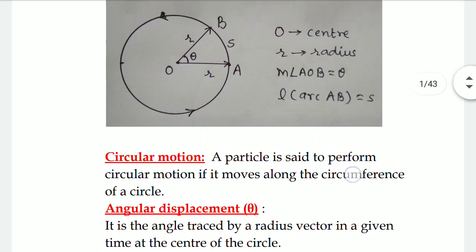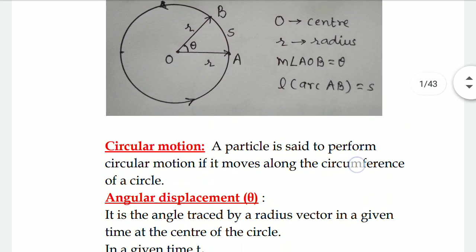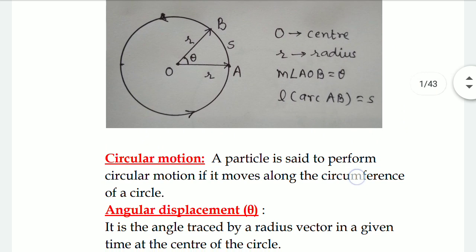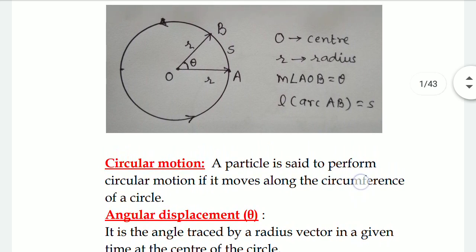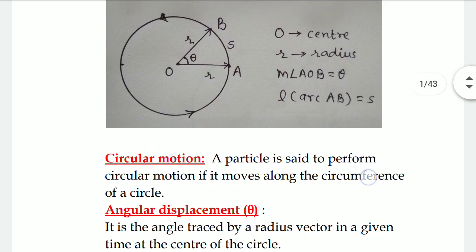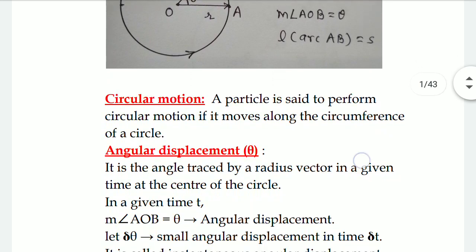So here in this figure, vector OA and vector OB are the radius vectors. Even if the magnitude of the radius vector remains the same, the direction of the radius vector will change continuously in case of circular motion.